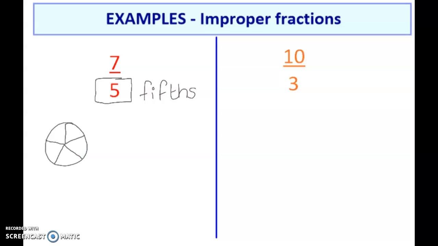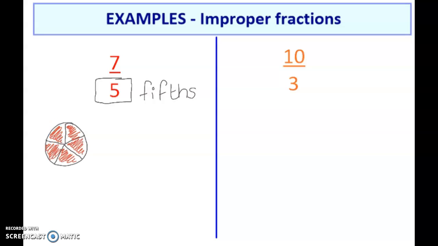My question, 7 fifths, says I need to shade in 7 fifths of a shape. If I use a different coloured pen, here I have 1 fifth, 2 fifths, 3 fifths, 4 fifths, and 5 fifths. But I need 7 fifths.